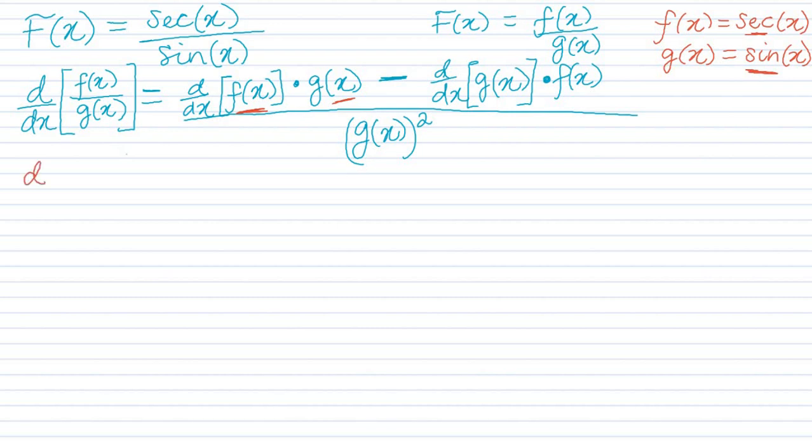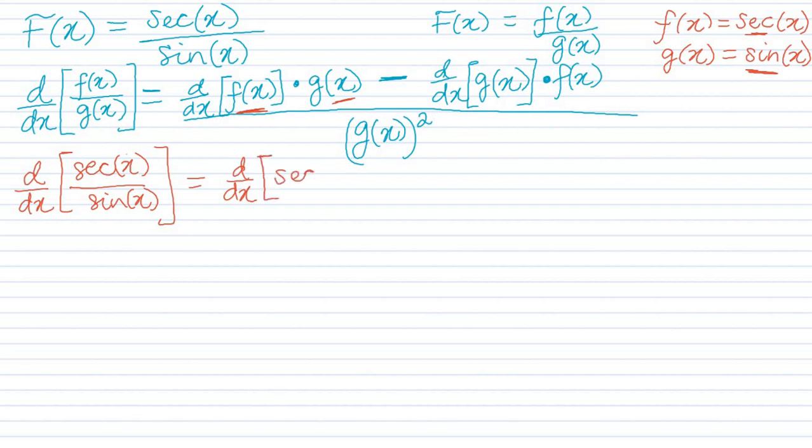So go ahead and say d dx of secant x divided by sine x is the same thing as the derivative of the numerator subfunction f of x, which in this case is secant x, multiplied by the denominator subfunction, which is g of x, in this case sine x, minus the derivative of the denominator subfunction g of x, which in this case is sine x.